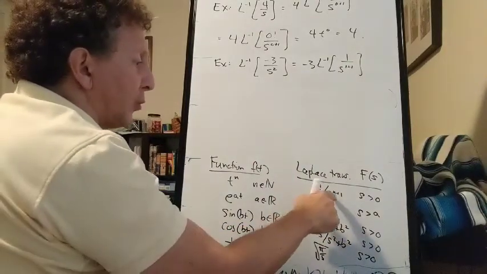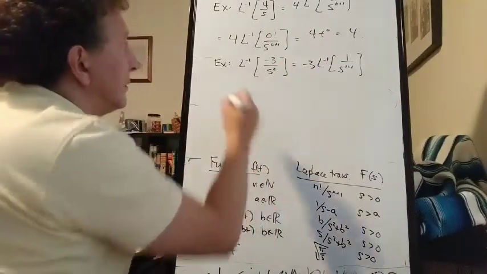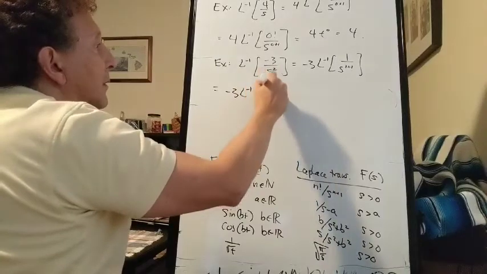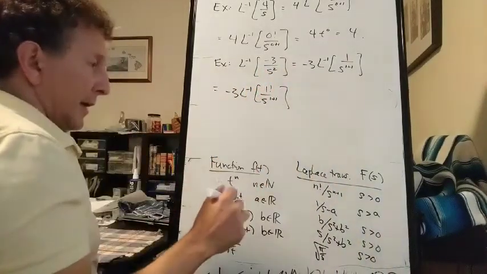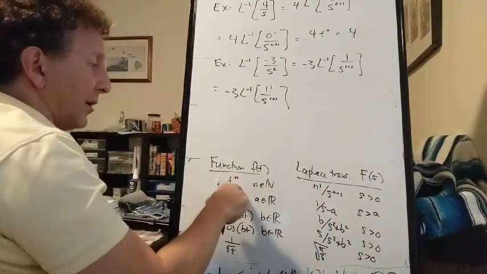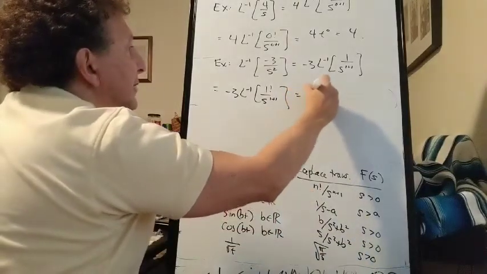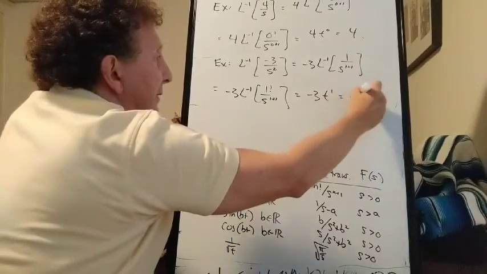And then I wish I had a 1 factorial in the numerator, and actually I do, because 1 factorial is 1. And then I go backwards and see that t to the 1 is the function whose Laplace transform is this. So it's negative 3 t to the first power, or negative 3t.